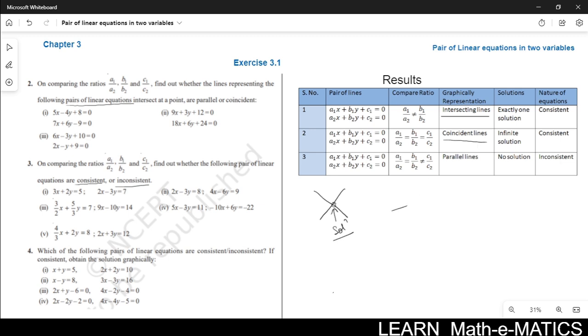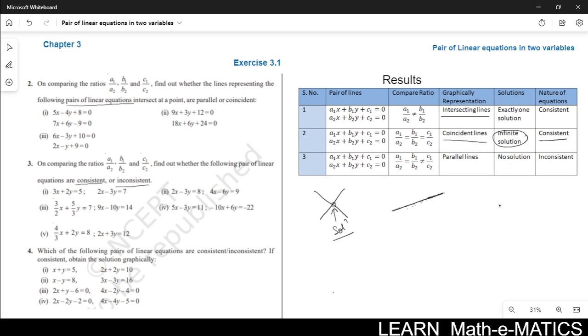That means both lines represent the same line, both lie on each other, right? We know all points are intersecting points, so it has infinitely many solutions. In the case of coincident lines we have infinitely many solutions. Again we get solutions here, so it is also consistent. Whenever we get a solution then they are consistent, right?